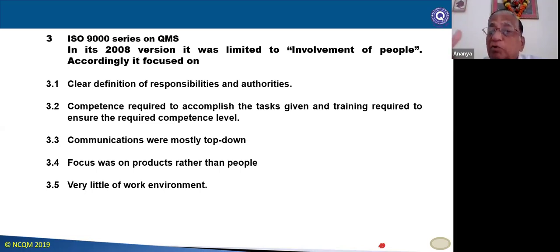You are involved in the decision-making process so that you can make a change. There is little talk about the work environment in ISO, but in the excellence model, a lot of work has been done on how to improve your operation so that a conducive environment is available.